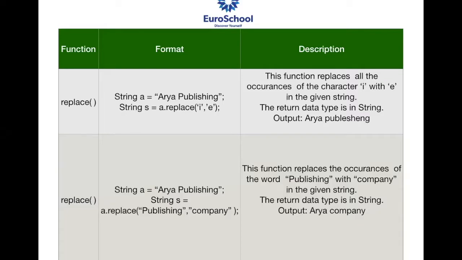Remember, you have to be very careful with single and double quotes. This function replaces the occurrence of the word publishing with the word company. The first one is the original, which has to be changed to the next one in the given string. The return data type, as discussed, is string, and you get the output as Arya company. Is it fine? Any doubt?